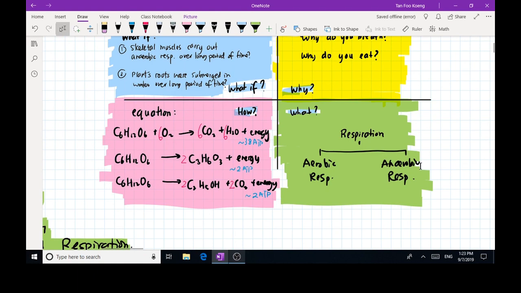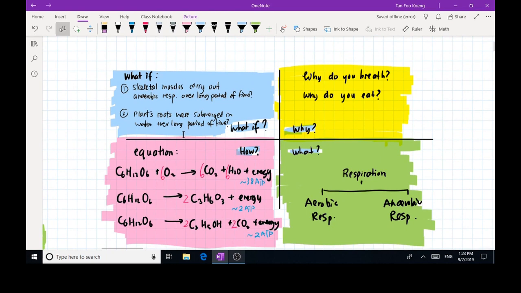When the oxygen demand is greater than the oxygen supply, or the oxygen supply couldn't keep pace with the oxygen demand, some of the body cells have to resort to anaerobic respiration. In human beings, lactic acid is produced, and in plants and yeast, ethanol and carbon dioxide are produced. The carbon dioxide produced is also used in the bread making industry to raise the dough, if you still remember.